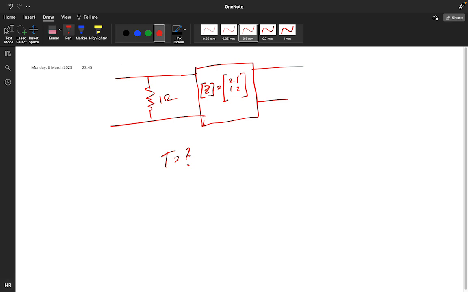So you have to revise this type of concept, how the relations are between the Z parameter and ABCD parameter. We know the Z parameter and Y parameter relation, that it's an inverse. H parameter and G parameter, we know that it's just an inverse. But the important thing is that you should also know the relations between Z and T parameter.